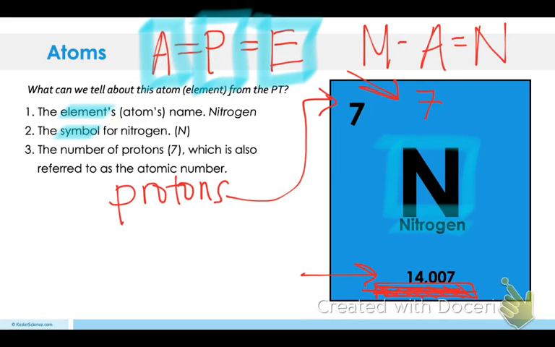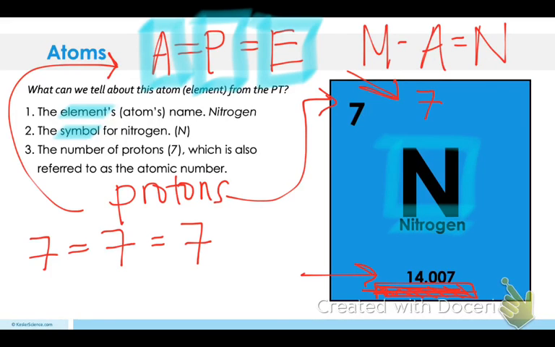So if you have your atomic number, which is 7, and that equals the number of protons, referred to as the P in APE MAN, and then it's going to equal the number of electrons. Now, how do I figure out how many neutrons there are? I know there's a lot of arrows.